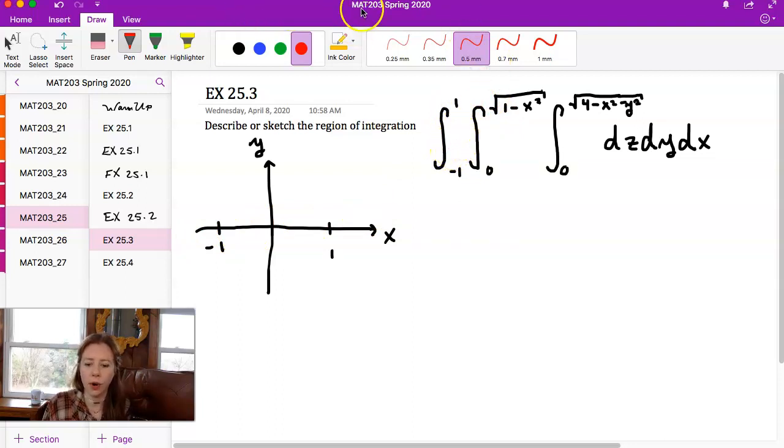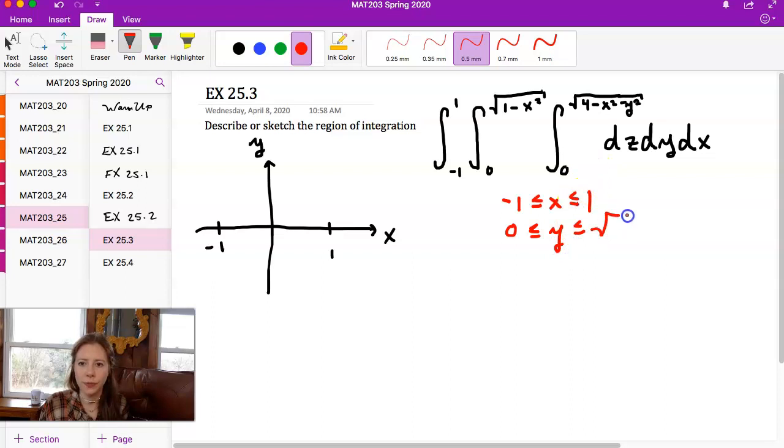Okay, so let's start writing down what we're doing. So for x, we're going from -1 is less than or equal to x is less than or equal to 1. We have drawn that out. 0 is going to be less than or equal to y, is going to be less than or equal to the square root of 1 minus x squared.